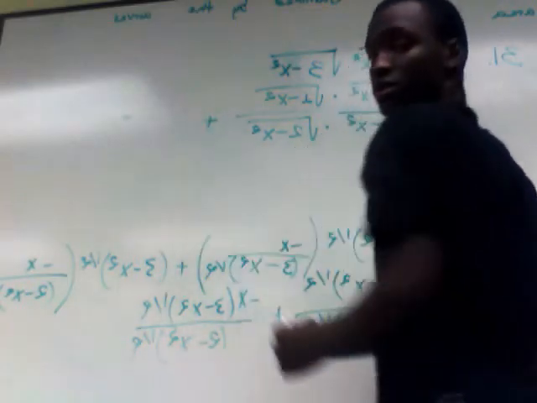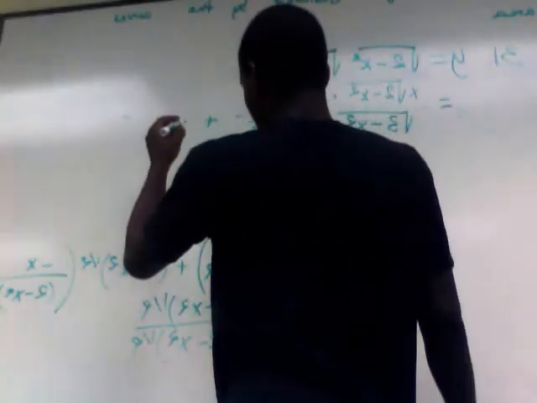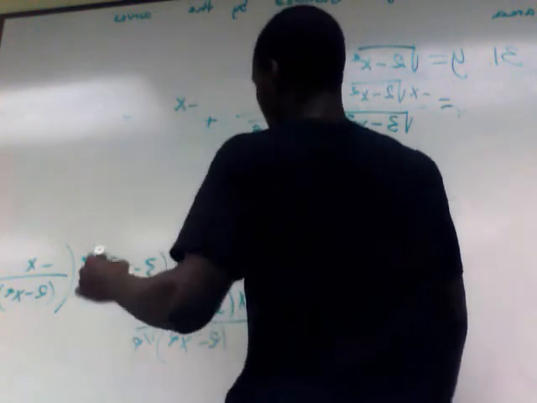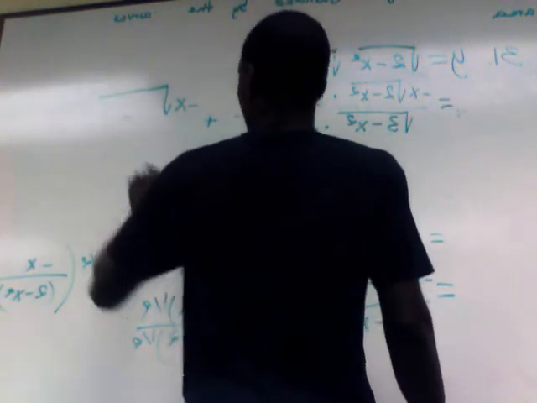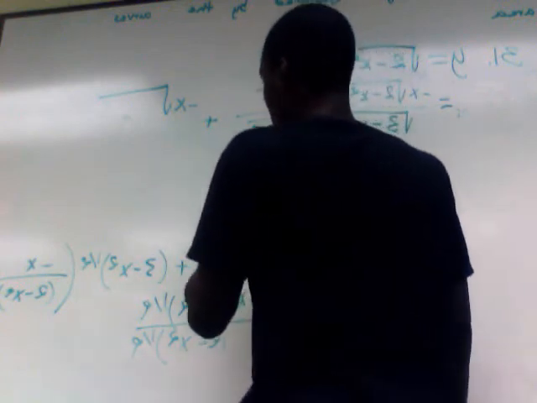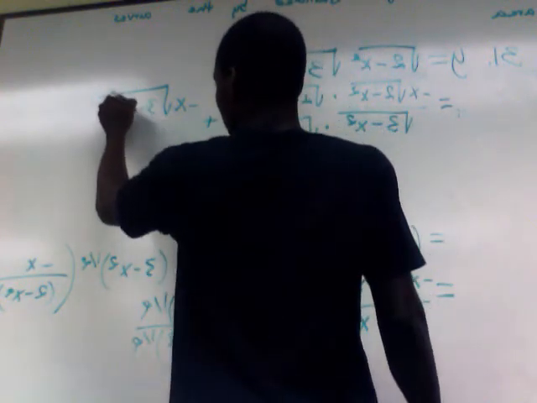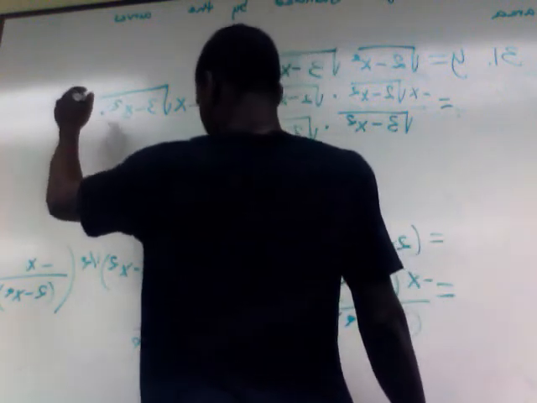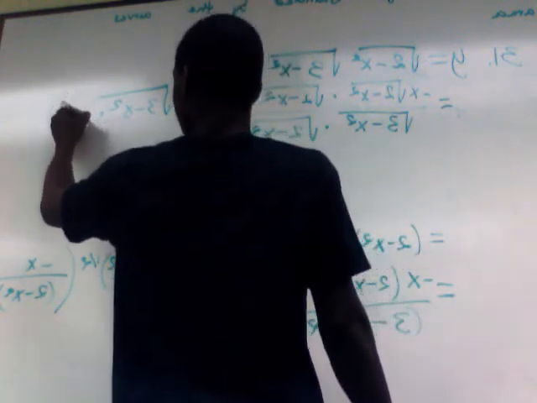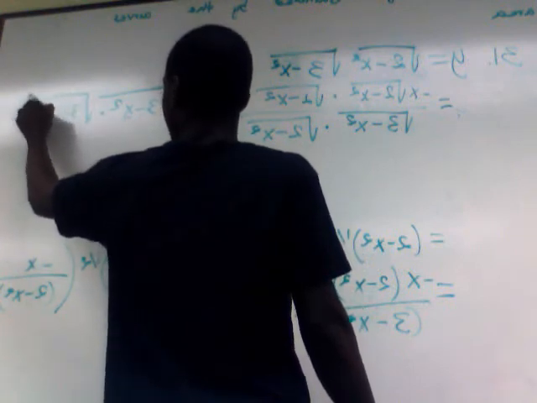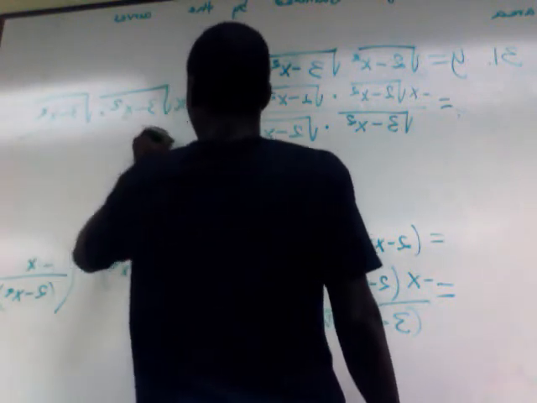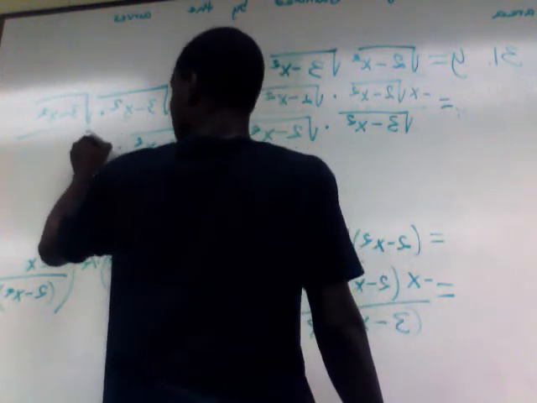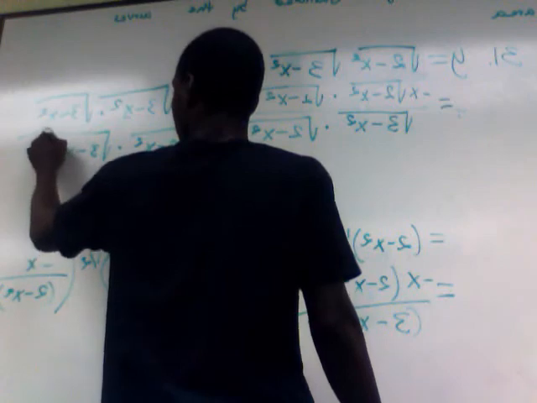So we get plus negative x, the square root of 3 minus x squared times the square root of 3 minus x squared over the square root of 2 minus x squared times the square root of 3 minus x squared.